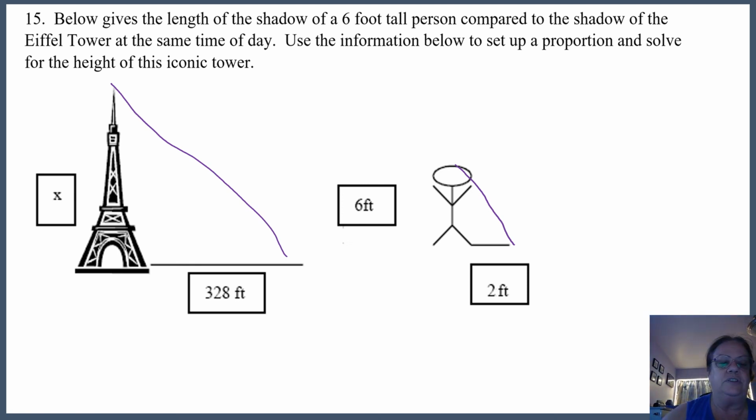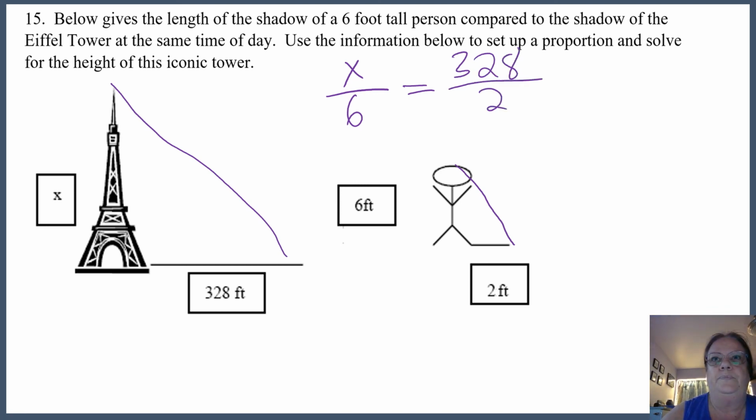Okay, so what we have to do is we're looking for x, and that's a height, so the 6 is the height. And the shadow length of the tower was 328. The shadow length of the person was 2. All righty.